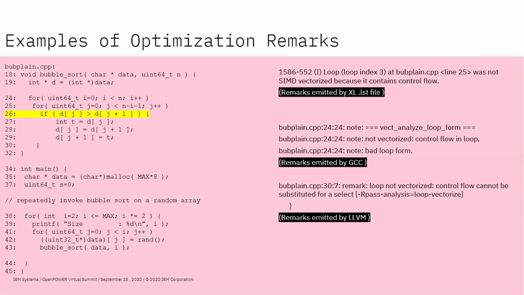But in general, how we take this feedback is we go back and try some of the techniques we already discussed in the front end chart. We try to reduce the if conditions or move code around, or use additional optimization flags to remove the branches, or maybe even use built-ins to restructure the code, and then try again with these optimization flags and see if they are picked up. That's how we usually use these remarks.